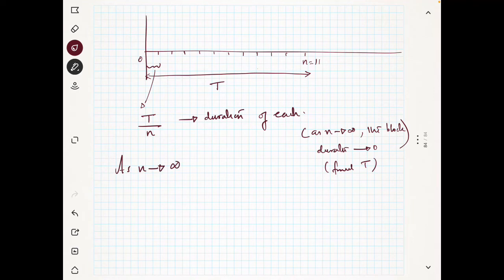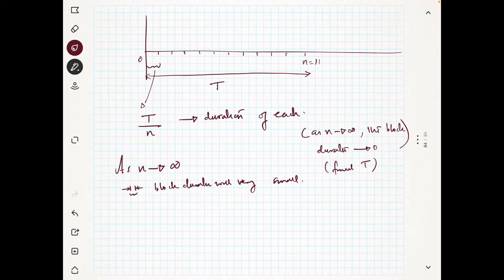As n tends to infinity, you will get a very small block duration. That means you will be approaching a particular time instant.